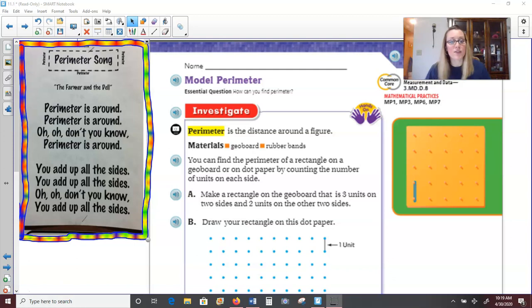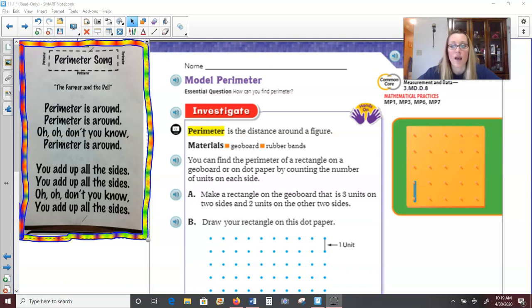To help us learn perimeter, I have a fancy little song on the left-hand side of the page, sung to the tune of The Farmer in the Dell. It will help us remember what perimeter is and how to find the perimeter of shapes.